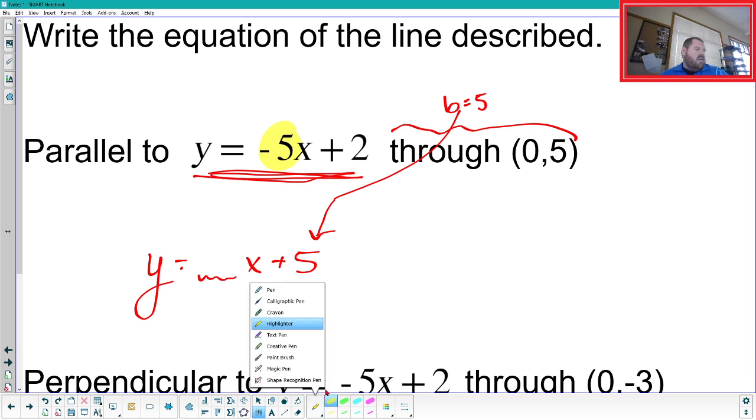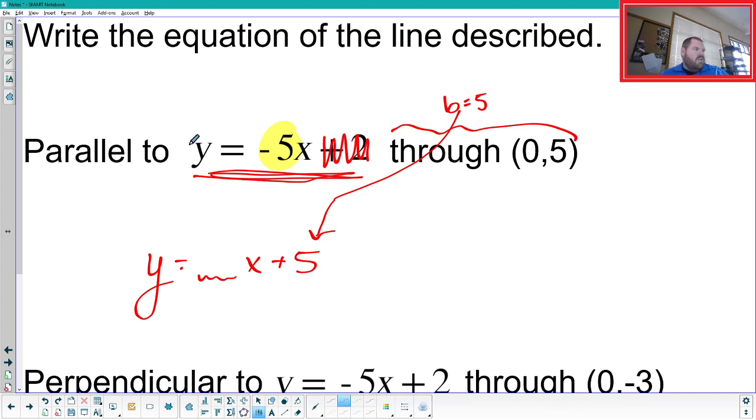This could have said negative 5x plus 2 million. That wouldn't matter. None of this over here matters. I mean, even this part doesn't matter. I need to know that it's in slope-intercept form, but those values don't matter, and even that x doesn't matter. I just know that I need the same slope as what this one has.